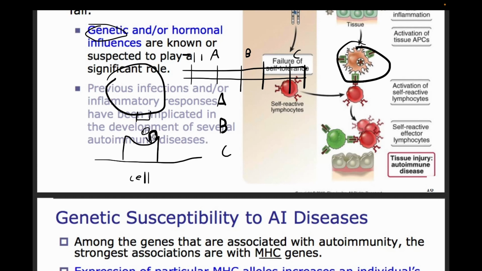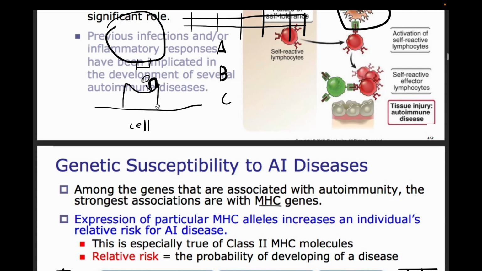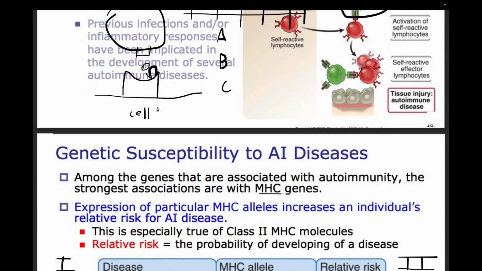When it binds, this defective protein will cause an abnormal activation of the self-reactive which cannot be suppressed. And as a result, what will happen? The self-reactive T lymphocyte will be activated and will not be able to be suppressed. فبالتالي هذا يؤدي إلى autoimmunity.